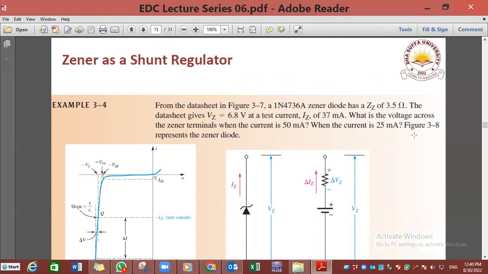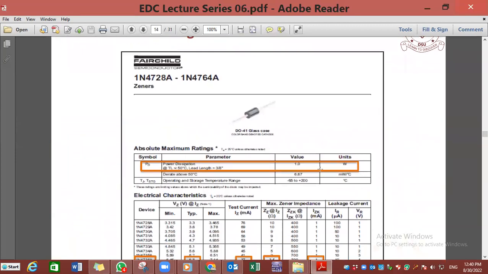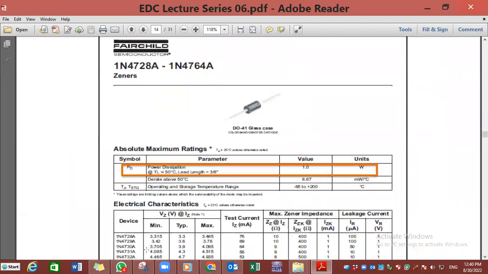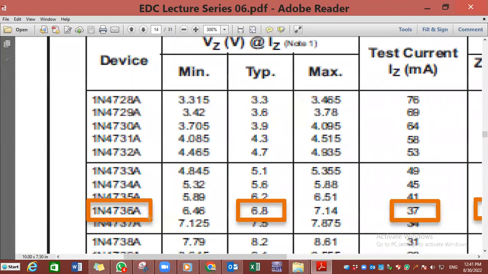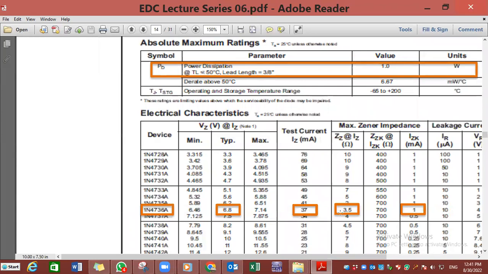In the same way, this is a diode and its data sheet is mentioned here. All the diodes in this series are 1 watt Zener diodes, so they have written it separately, applying to all the diodes here. This one is IN4736, a 6.8 V Zener diode, and the typical test current is 37 milliamperes.